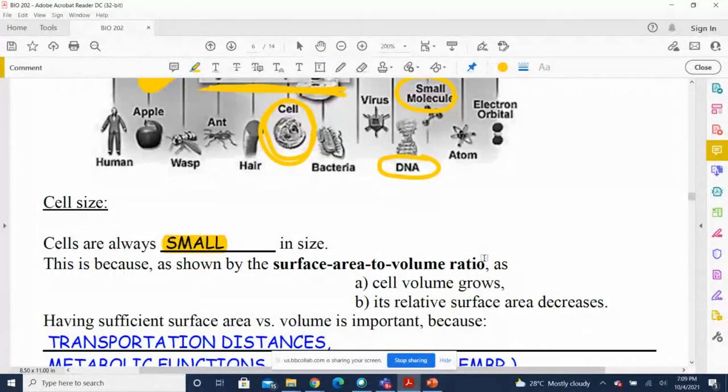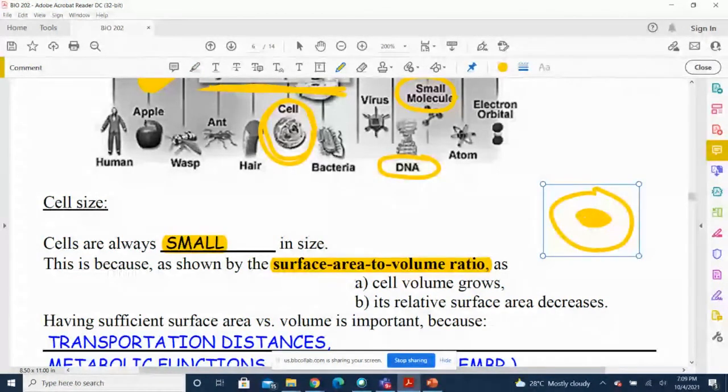The key reason for that was this concept of surface area to volume ratio. As the cell size grows, the volume of the cell grows much quicker than the surface area. A cell needs to have a certain amount of surface area for materials to come in and leave.